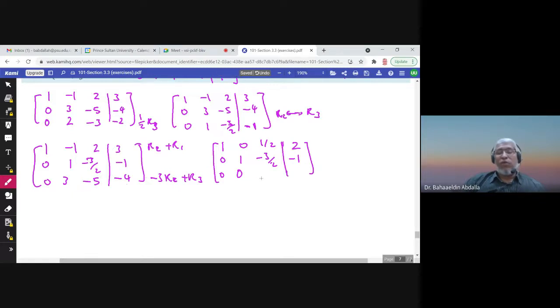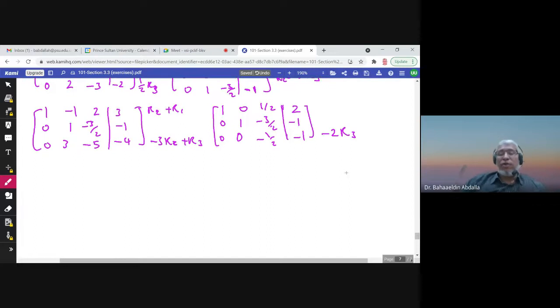Minus 10 over 2. 3 minus 4. Now I will multiply row 3 by negative 2 to get 1 instead of negative half. Negative 2 times negative 1 is 2.